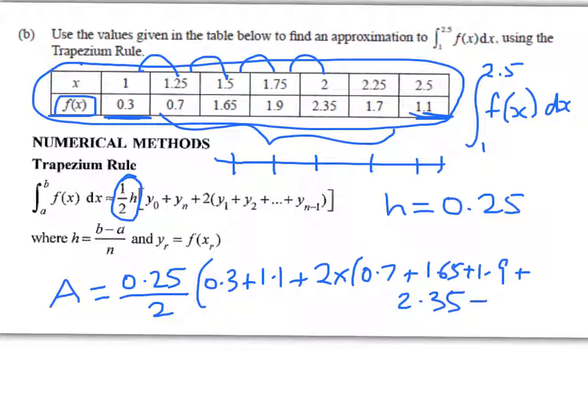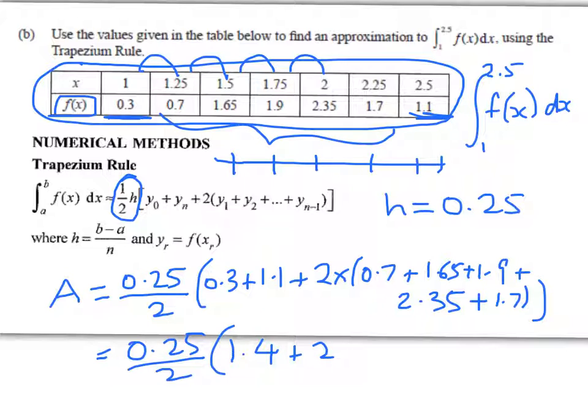Very messy, sorry about that. Right, there we are, 1.7. And if we add all of that up, what we should find is we get 0.25 over 2 times, the first bit is 1.4, and then the middle stuff, well, let's have a look.